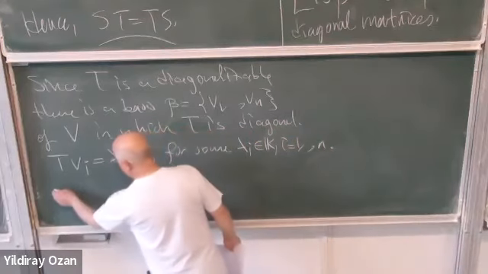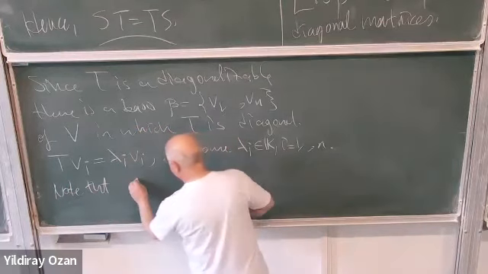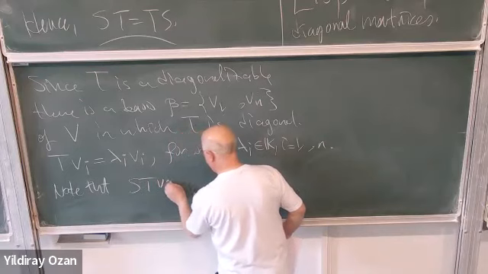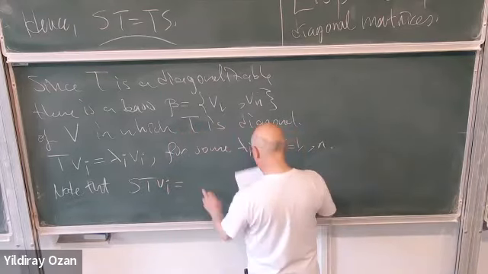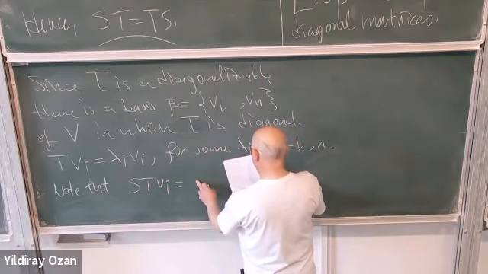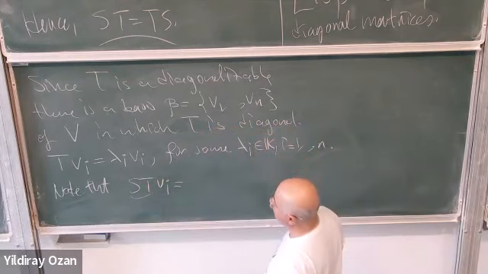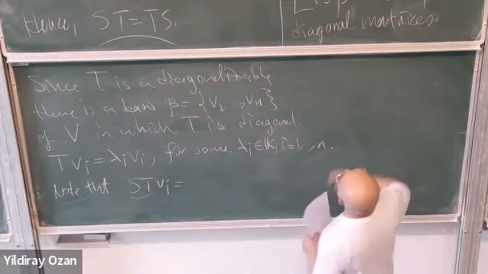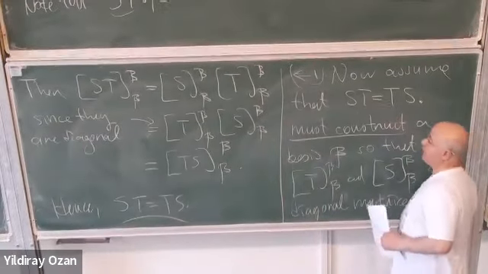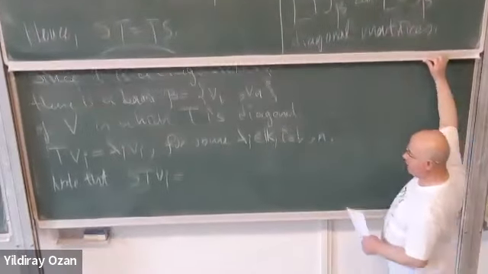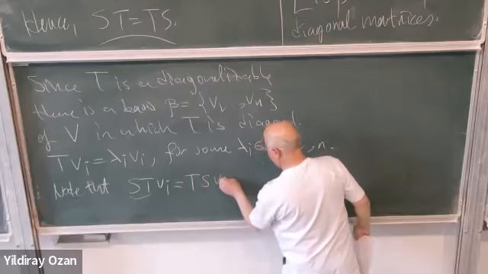Note that S times T times vi is equal to, since S and T commute, right? We assumed that S times T is equal to T times S. So instead of S times T, I can write T times S times vi.